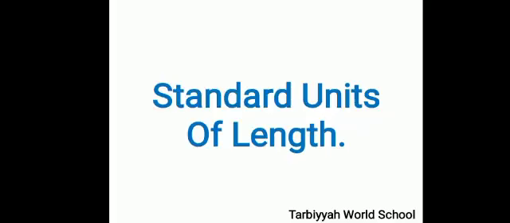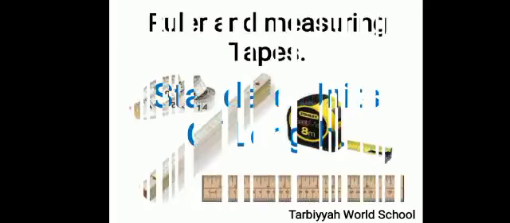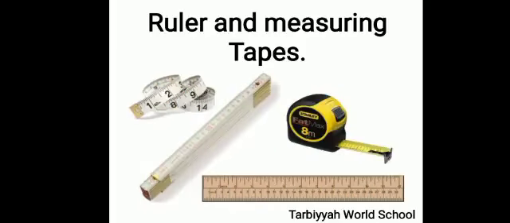Okay, for standard unit of length we use these objects. For example, ruler, okay, meter rod mostly used by tailors, okay, and measuring tapes, okay, there are different type of measuring scales.